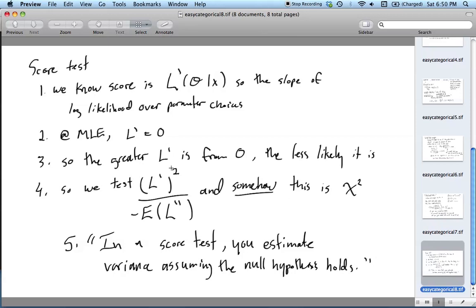So as you could imagine, if that slope of your log likelihood is very steep, the numerator is going to be inflated, and then you square that. So you would get some kind of large value, which is going to give you a spectacularly small p-value from your chi-squared distribution, which is going to indicate that there is something funny going on.